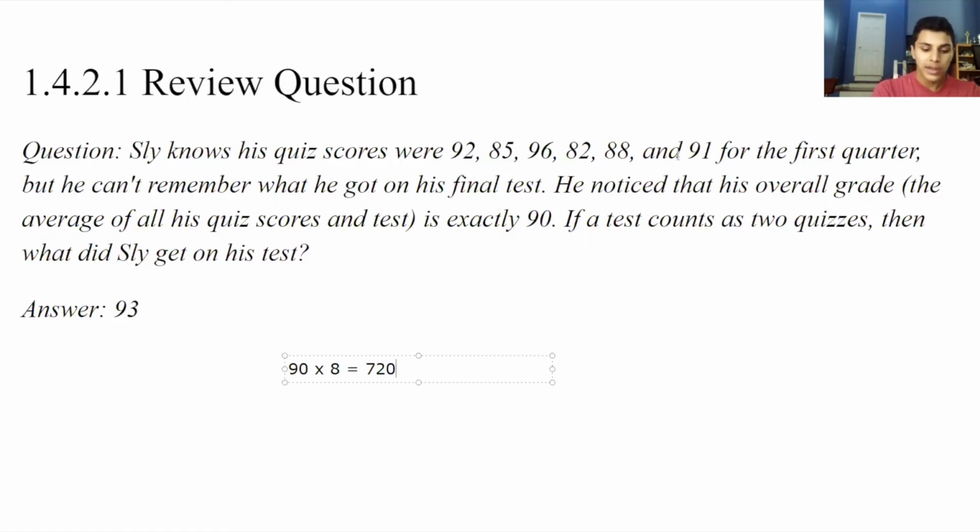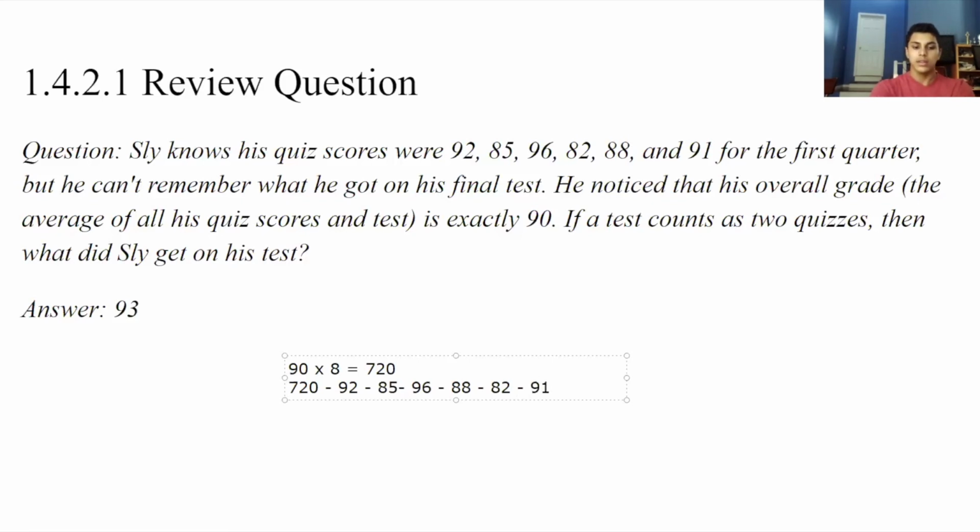So in order to find what the value of his test score was, we just have to subtract all of the other quiz scores from 720 and then divide that by 2, because that will give us the value of 1 test score. So 720 minus 92, then minus 85, minus 96, minus 88, minus 82, and go in order, and then minus 91 is what we have to do to the 720.